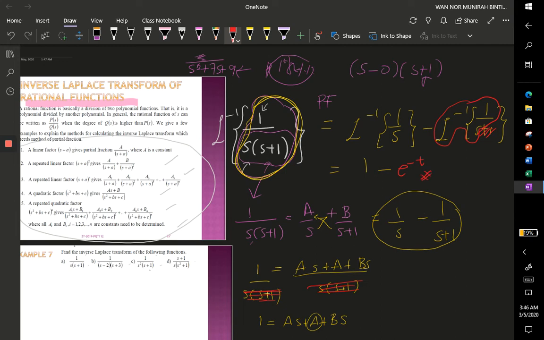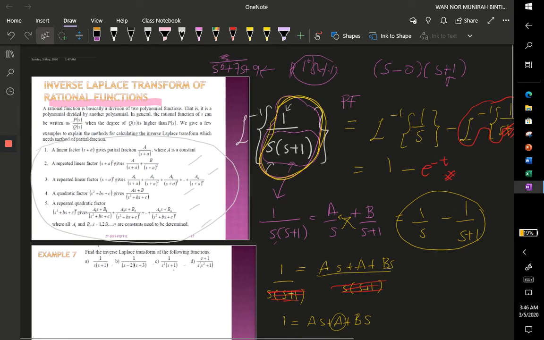By using partial fraction, we try to simplify your rational function. Let's say we have this one. Take the Laplace inverse of 1 over S minus 2, S plus 3.